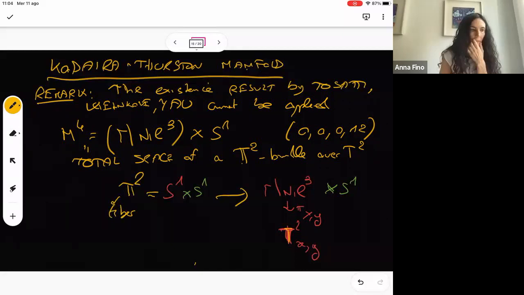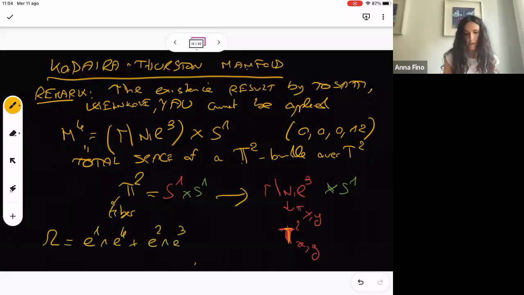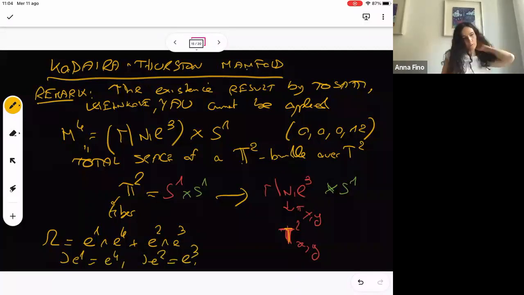And here you can consider, for instance, this symplectic form, e1∧e4 plus e2∧e3, and you just send J e1 to e4, J e2 to e3. What happens here is that the fiber is Lagrangian, that means the symplectic form vanishes on the fiber.